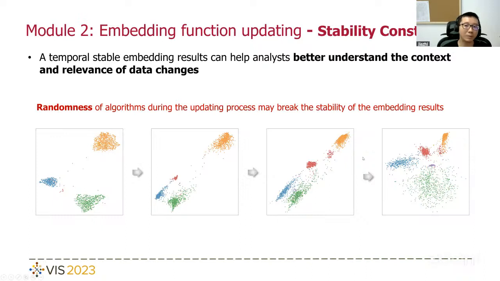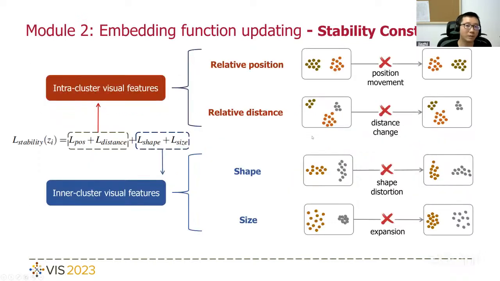The mental map is not preserved. To solve this issue, we proposed a stability constraint to preserve visual features of the embeddings. These features are the relative position, distances, shapes, and the size of visual clusters.